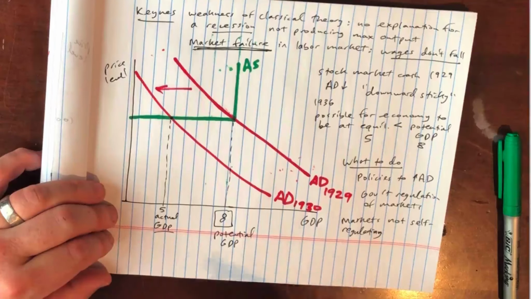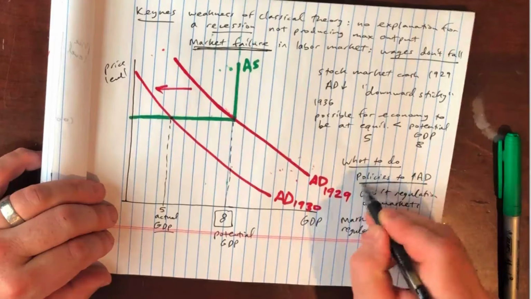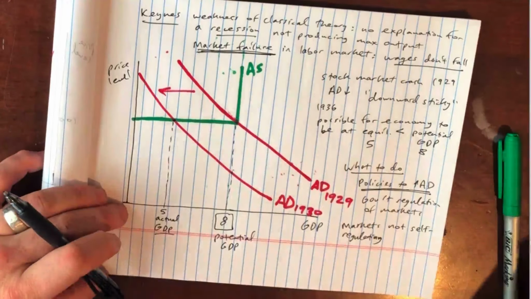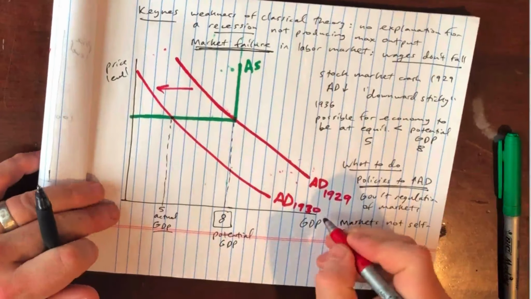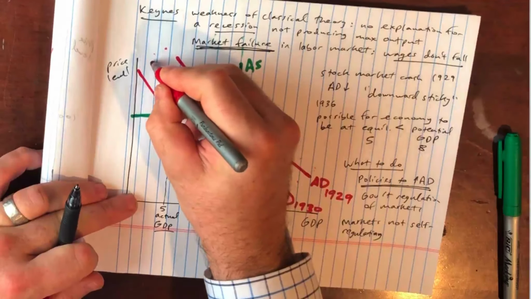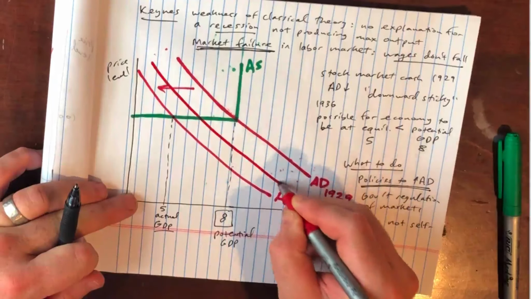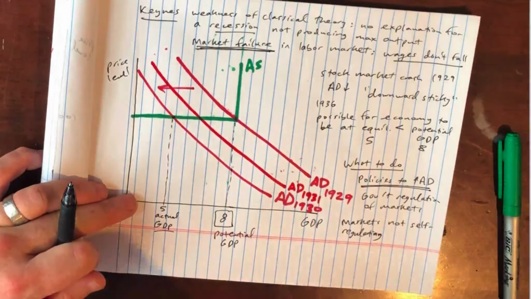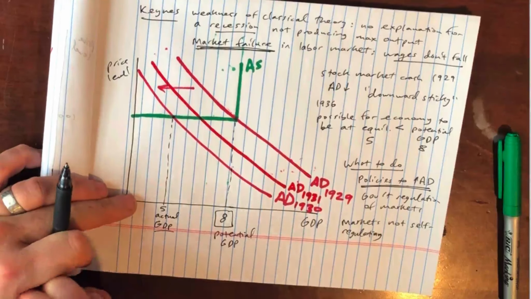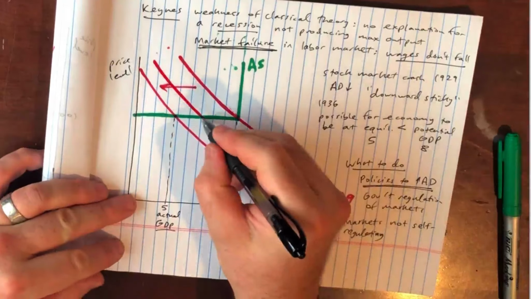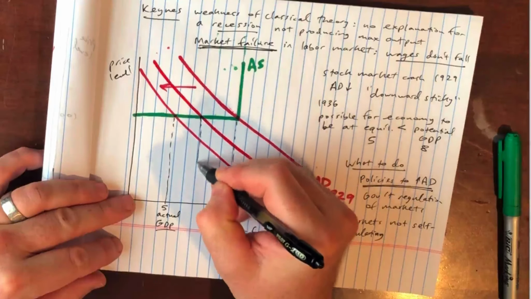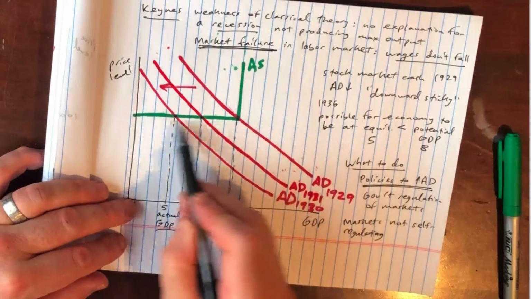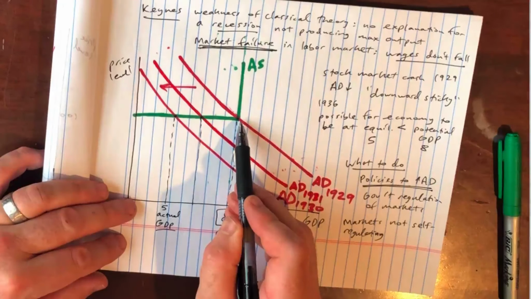So what Keynes ends up arguing is that these policies are designed to increase aggregate demand. Let's say that we do that and that's successful. So we go from our aggregate demand in 1930 to having developed some policies which have increased aggregate demand by 1931. Here's where we are. Notice this is going to produce a lot of growth. Now we're moving along a horizontal aggregate supply curve.